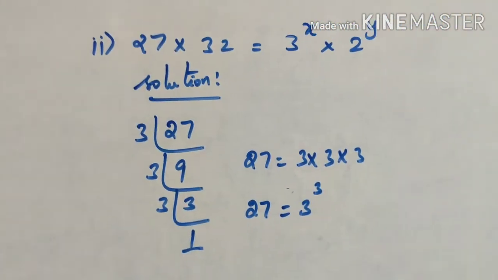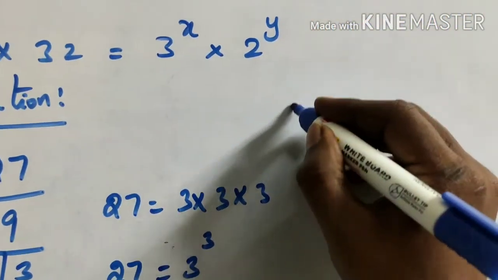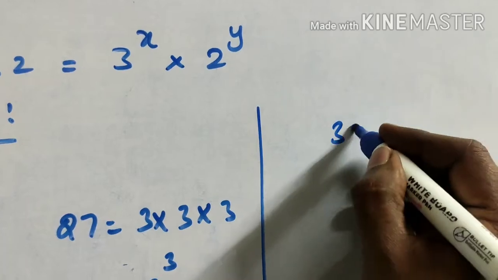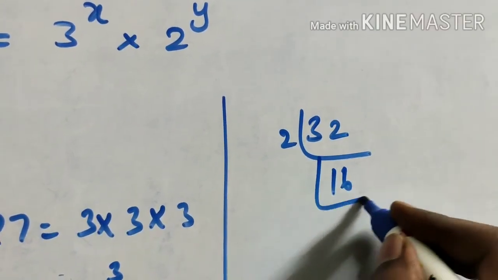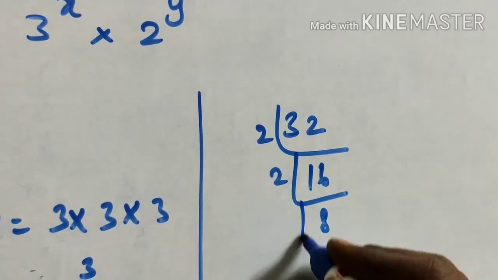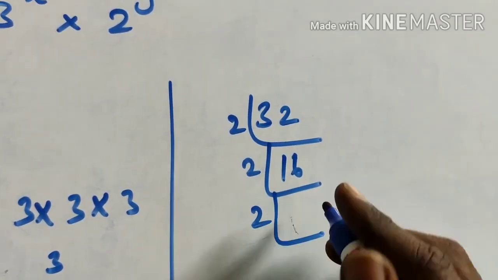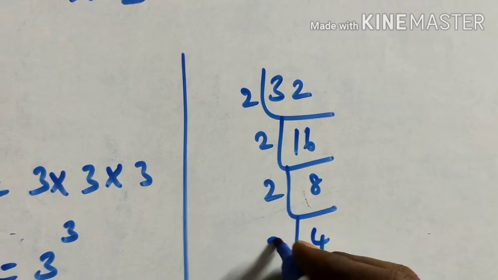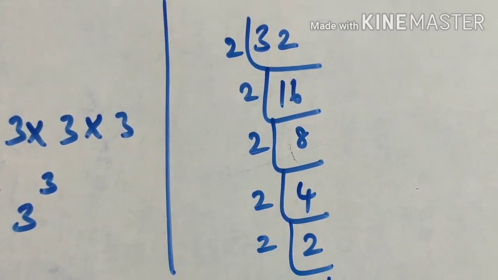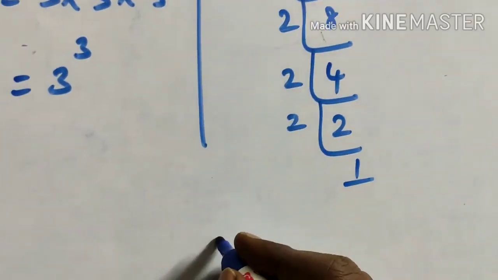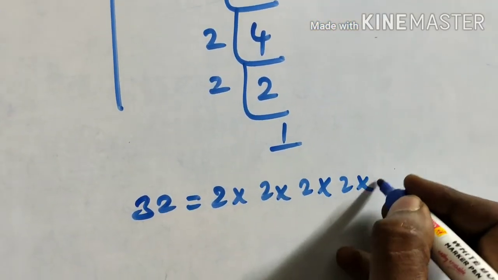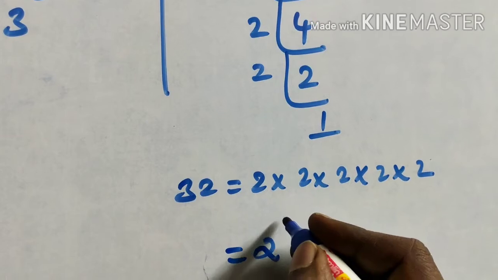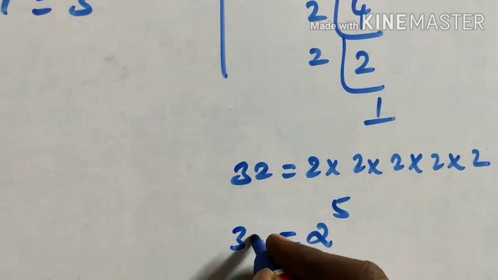Next, 32. 32 can be divided by 2. 16 2s are 32. Again 2, 8 2s are 16. If you divide by 2, you get 4. If you divide by 2, you get 2. If you divide by 2, you get 1. So 32 can be written as 2 into 2 into 2 into 2 into 2. And this can be written as 2 power 5 as exponential form.